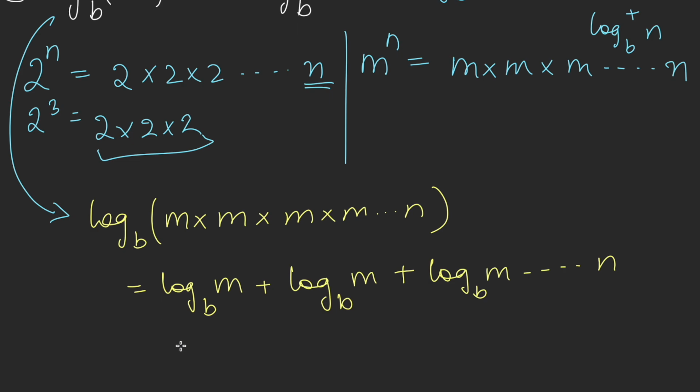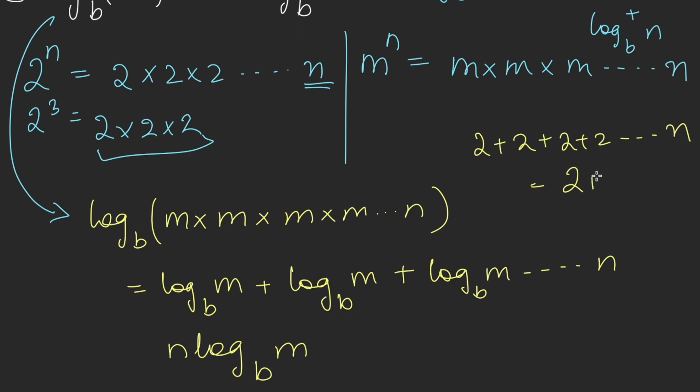So this can then be written as n times log b m because it's going on till n terms, right? If I had 2 plus 2 plus 2 plus 2 for n terms, we can write this as 2n, correct? Using the same logic, we get this rule.